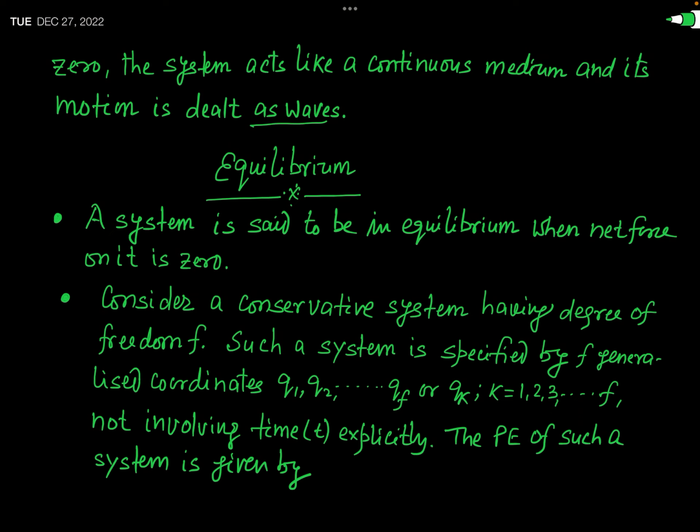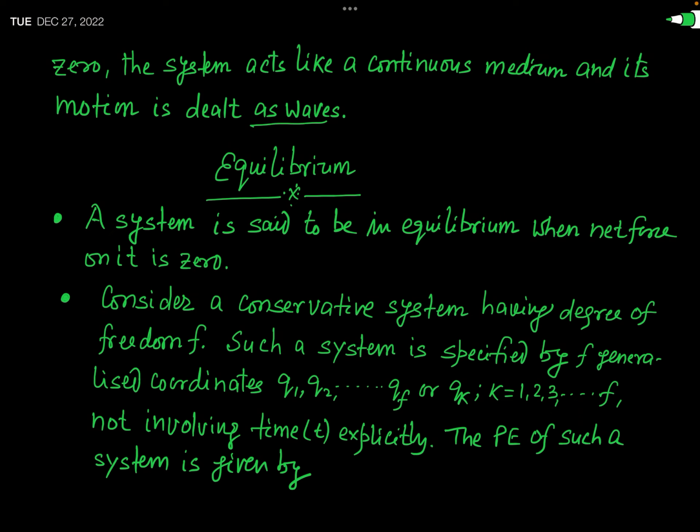So if our system is in equilibrium, then in accordance with the definition of equilibrium, we can say that the kth component of the generalized force Gk will be equal to 0. It means G1, G2, G3 all will be equal to 0.